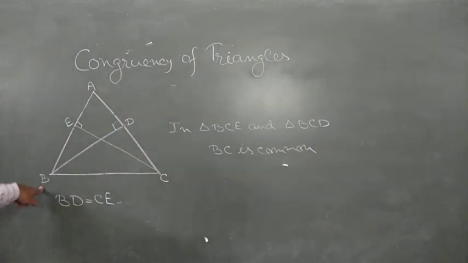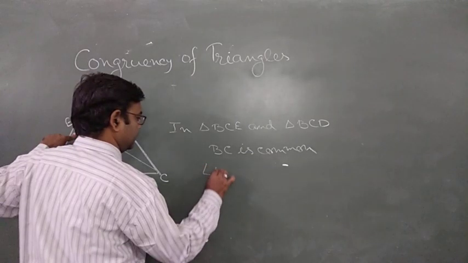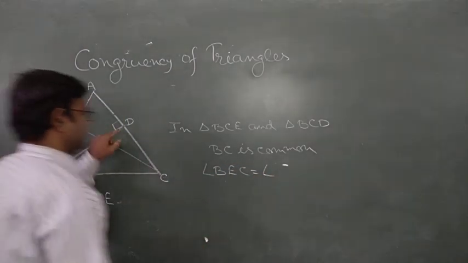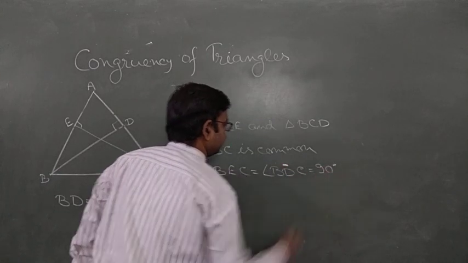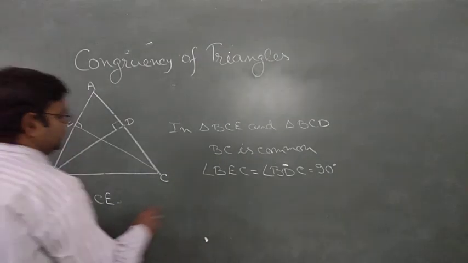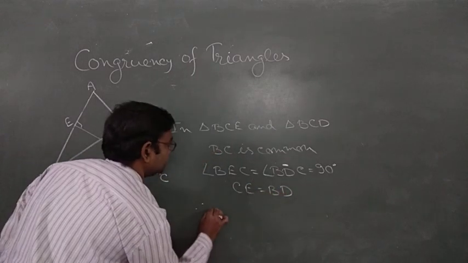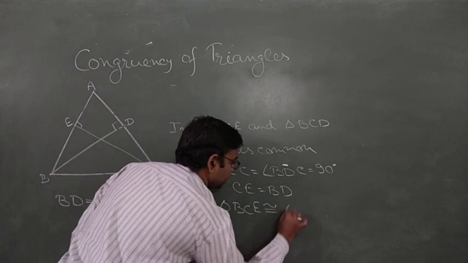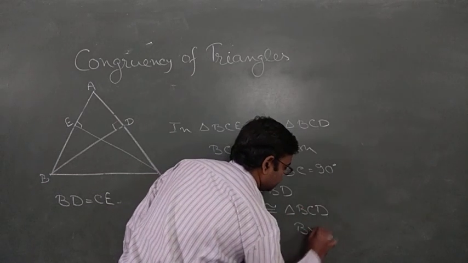Then angle E means angle BEC equals angle BDC equals 90 degree. This one is clear. Then it is given that side BD and CE are equal. So therefore we can say triangle BCE is congruent to triangle BCD by the RHS property.